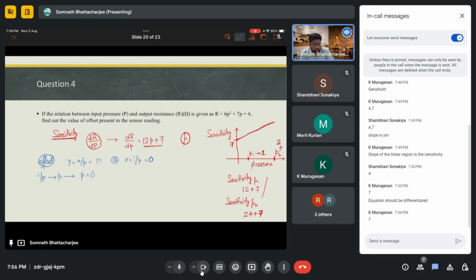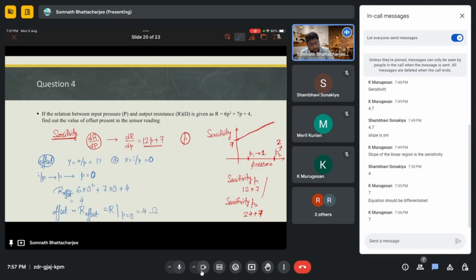So we have to calculate the value of output at P equals 0. Resistance R equals 6P squared plus 7P plus 4. So the value of offset, that is R offset, or we can say R at P equals 0, is nothing but 4 ohms.